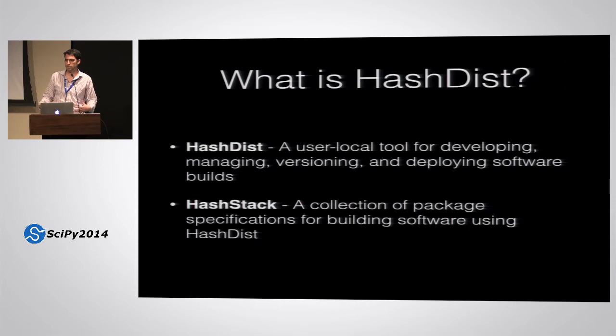We're not a build system, we're not a make, we're not a CMake, we're not setuptools, but what we do say is, well, this is a setuptools package, and this is the most recent release. I can show you exactly what the HashStack packages look like, but they're fairly straightforward. It's a way to transform a given package somewhere on the web to something that you know how to build on OS X or Linux or Windows.